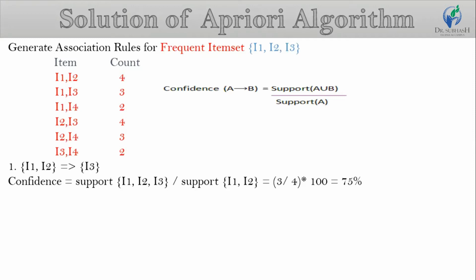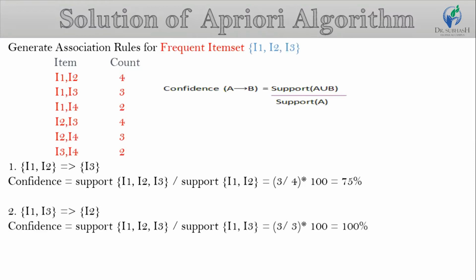Now we find the next confidence. For that, the rule is I1, I3 implies I2. Here A is I1, I3 and B is I2. Put those values in the equation of confidence. So confidence is equal to support of I1, I2, I3 divided by support of I1, I3. The value is 3 divided by 3 into 100, so the answer is 100%.